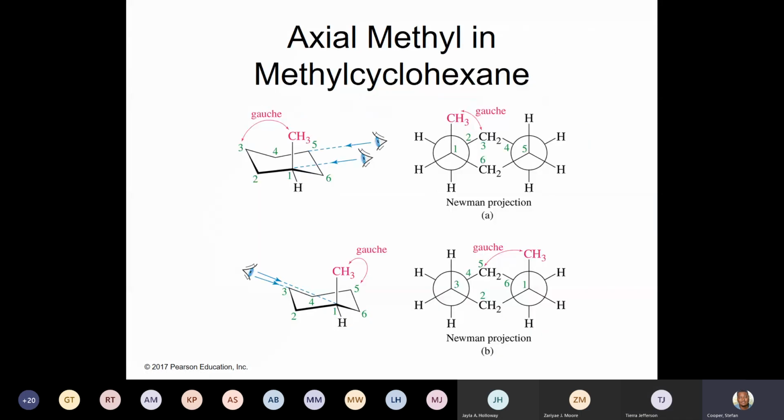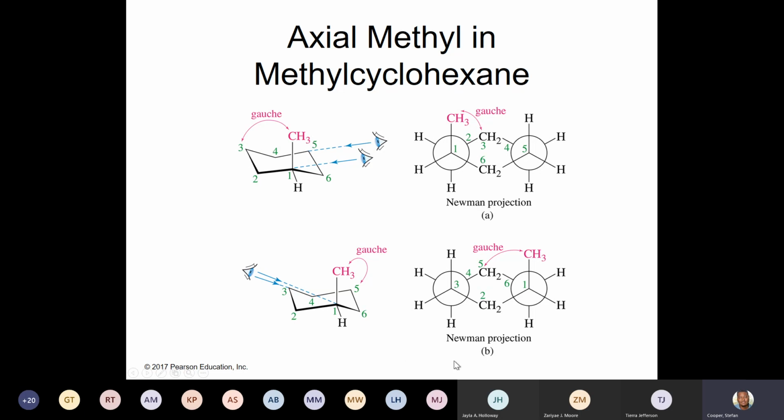I'm going to move forward here. This is telling you what's going on, and this could be tough to explain. They're trying to switch back to Newman projections, and I'm not going to ask you to move from a chair into a Newman projection, so you're okay. But it's telling you that when things are axial, there are ghost interactions that can arise between this methyl group and carbon 3, but also carbon 5.